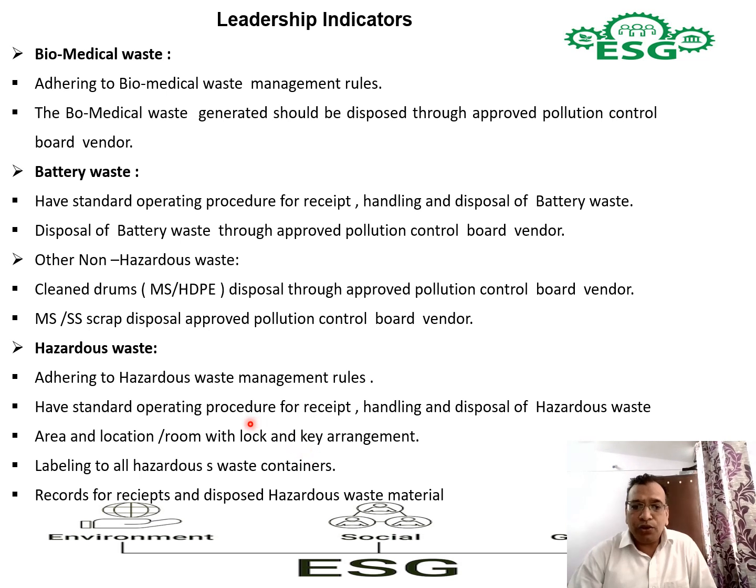So where are you going to store this hazardous waste received from the manufacturing plants? Whatever solid waste has been received should be well accounted for. There should be a documentation procedure right from the receipt to the storage, to keeping it under lock and key, to the disposal as per the consent to operate.